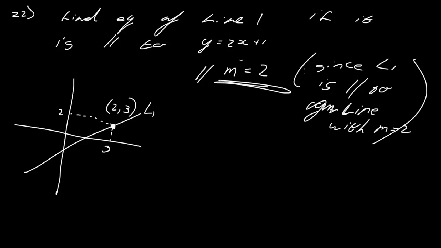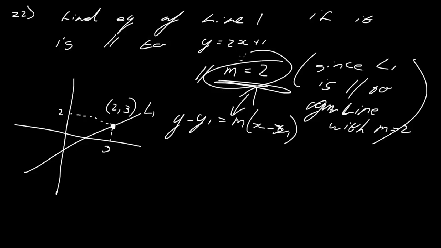And then we've also got a point on the line, so once again, it's just point gradient form. y minus y1 equals m into x minus x1. We know m, it's been given to us because they told us that our line is parallel to a line with gradient 2. And we've also got our point.